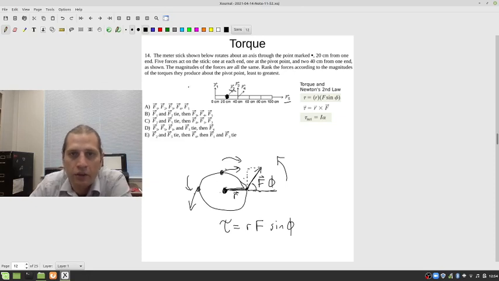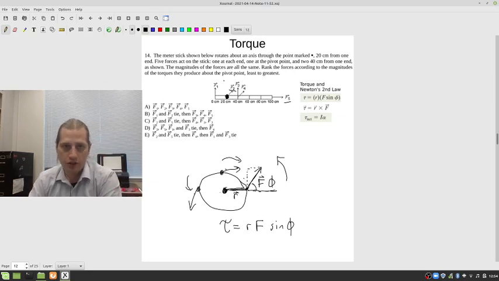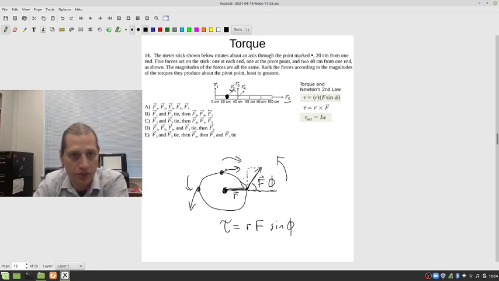Now, here they want you to rank the forces according to the magnitudes of the torque. Well, F2 and F5 are 0, so F2 and F5 tie, as it says, from least to greatest. I can cross off all the ones that don't have that.